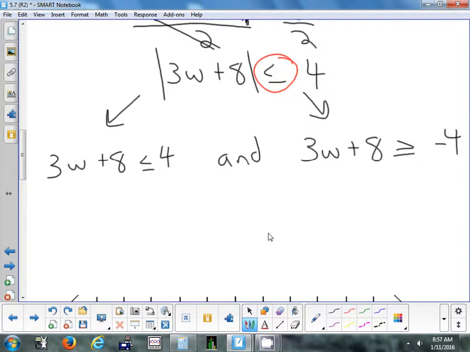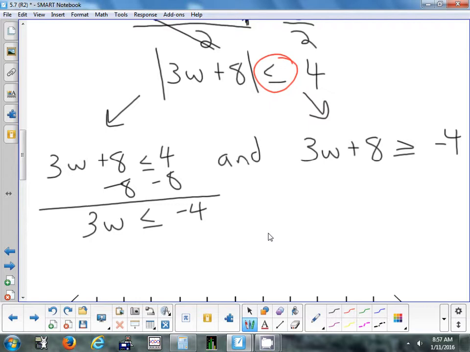Over here, I'm going to subtract 8. 3w. What's 4 minus 8? Anybody know? It's going to be positive or negative? Negative. Negative what? 4. All right. Last step for this one. What do I do, guys?